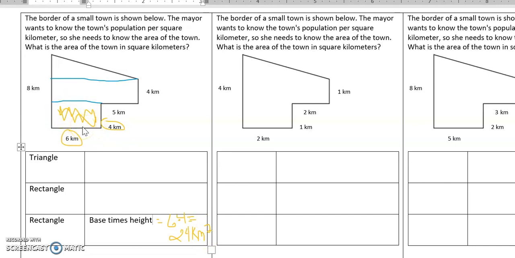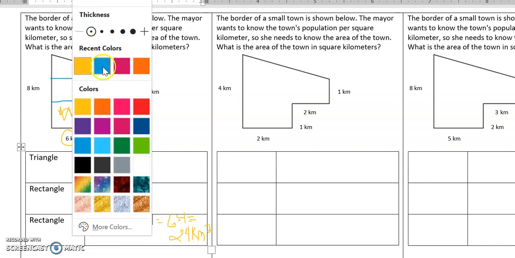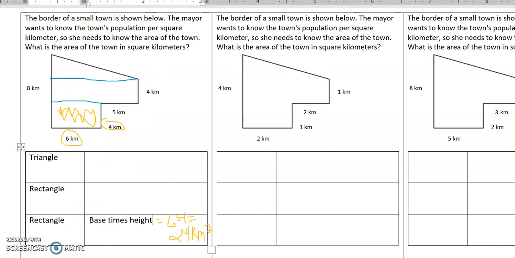Now I want to look at this rectangle in the middle. I know I need to find the base and the height of this rectangle, because again I need to write in my formula, base times height.